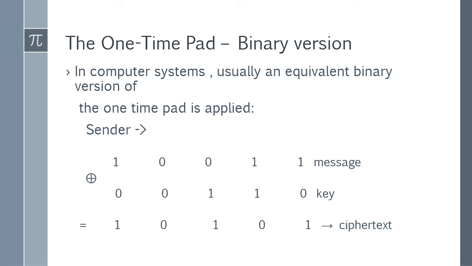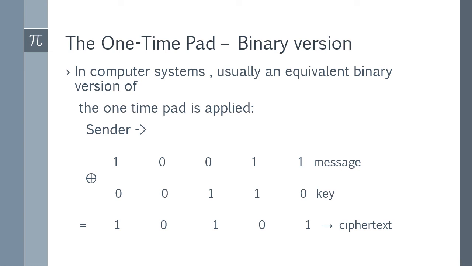So we get 1 XOR 0 is 1, 0 XOR 0 is 0, 0 XOR 1 is 1, and 1 XOR 1 is 0, 1 XOR 0 is 1.